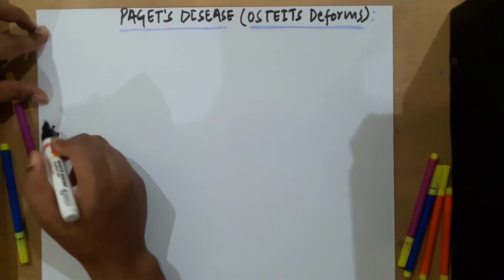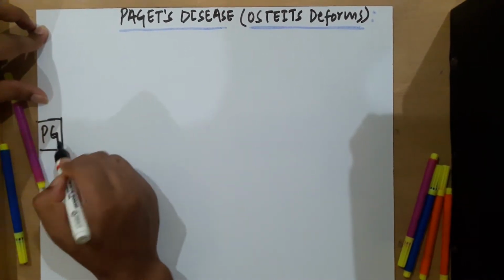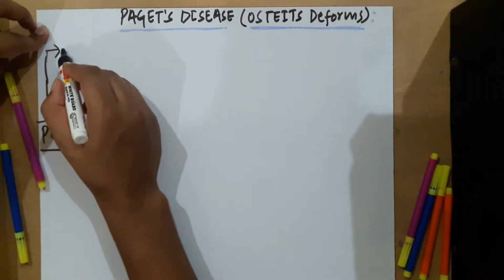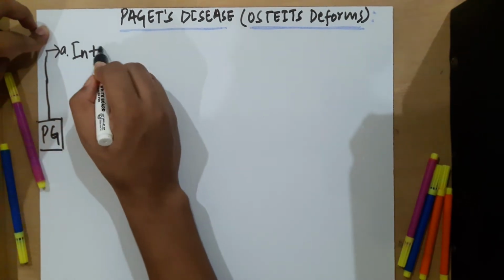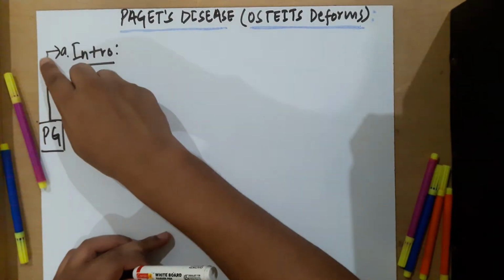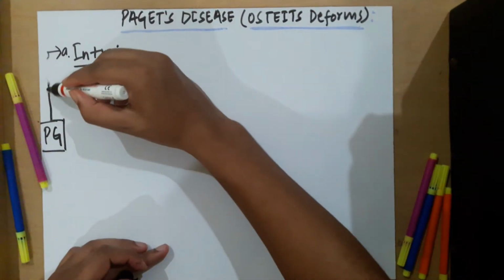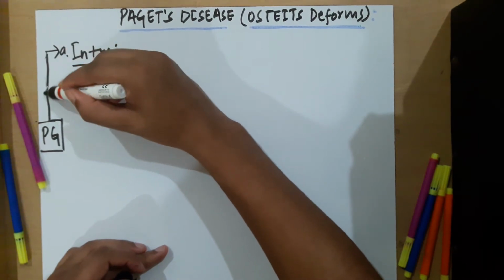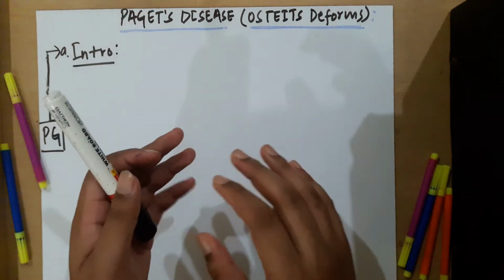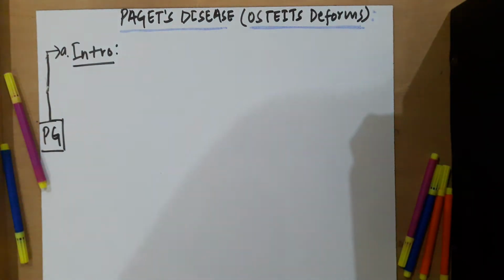I write it PG, the short form for Paget's disease. So first is the introduction. What is Paget's disease? Whenever you hear the word Paget's disease, you must remember that it is a mixed osteolytic and osteosclerotic bone disease, of unknown etiology, and may involve one bone or many bones.